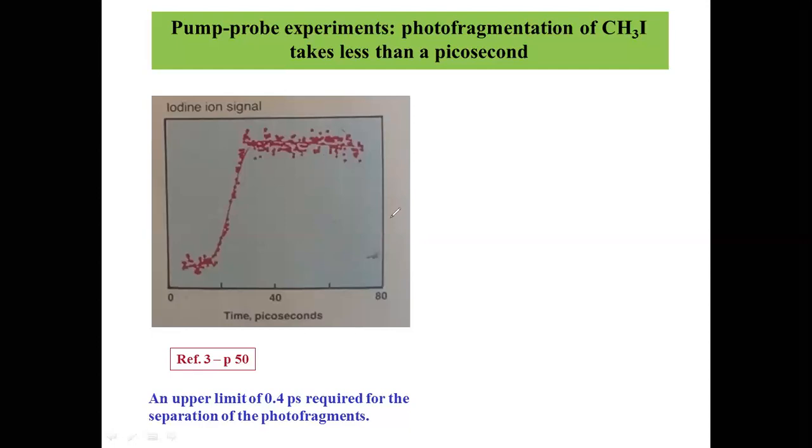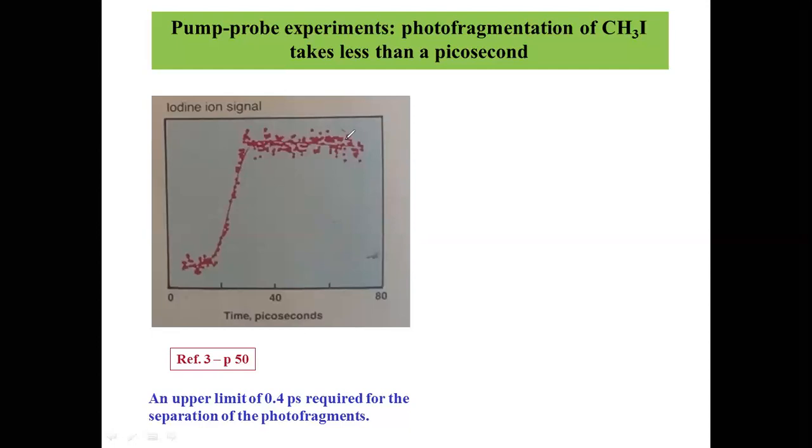Okay, so this is one example: methyl iodide, which gets photofragmented. This signal, if you look at it, is after photodissociation of methyl iodide. This is the iodine signal. Now, iodine is trapped using multi-photon ionization.